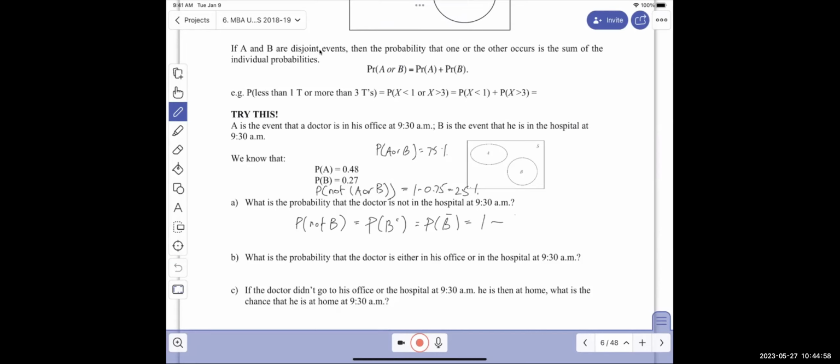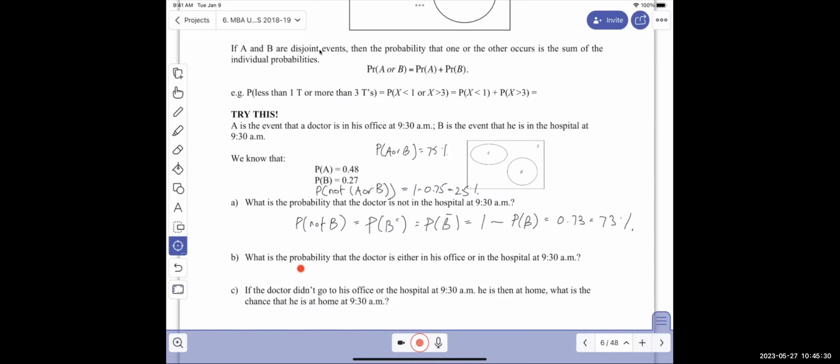And it's basically 1 minus the probability of B, which is 0.73. So then the next question, so we're going from these symbols into word problems, all right?